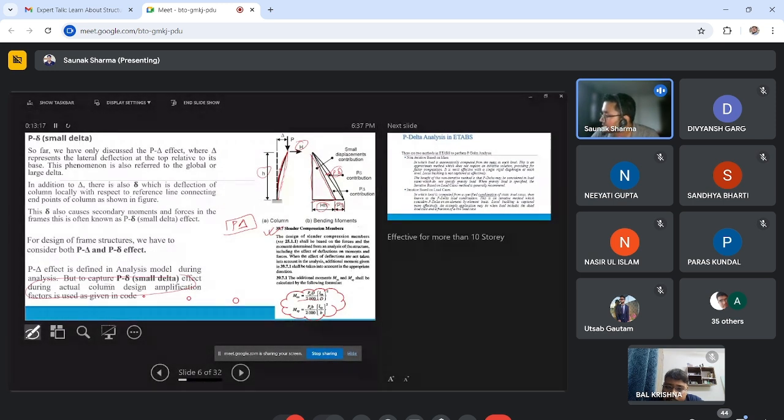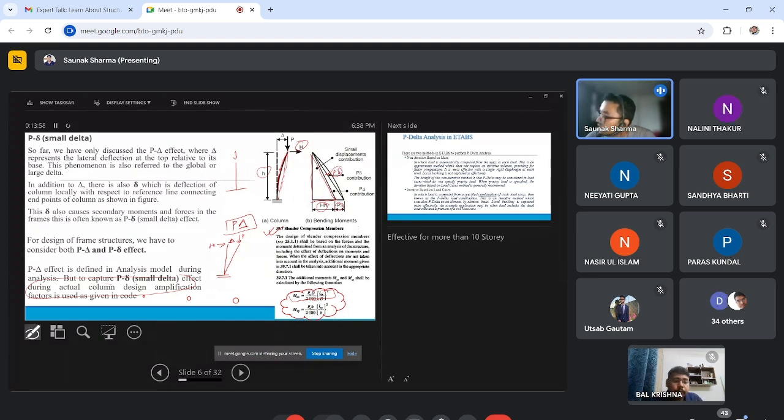This is the amplification factor, the formula that the software uses to consider additional moment due to P small delta. So this is an iterative process also. We need to understand that when P delta occurs, this is the deflection due to horizontal force H. Now, at this point, when the column is resisting in a vertical manner without deforming, it will only give compression force.